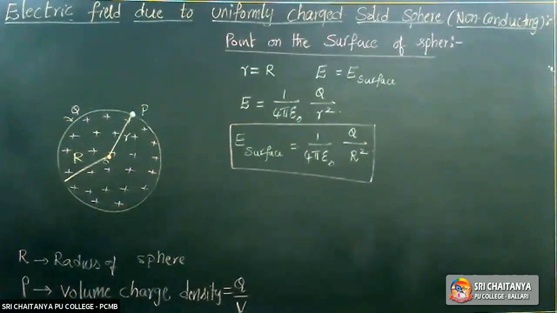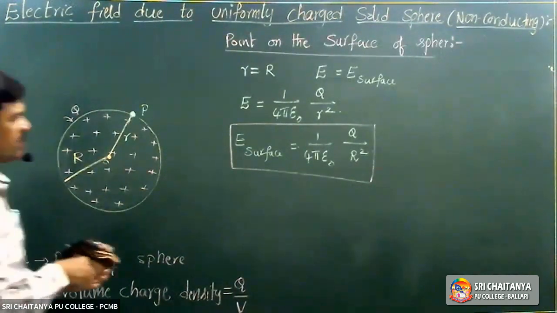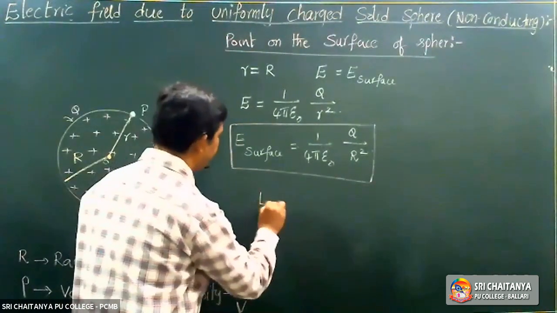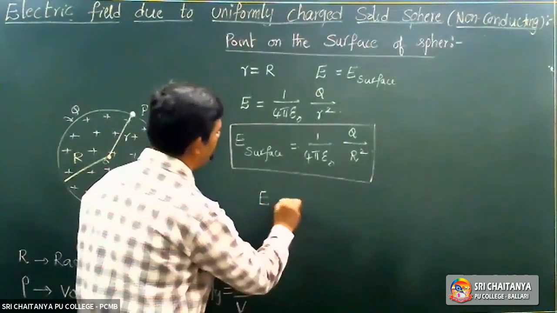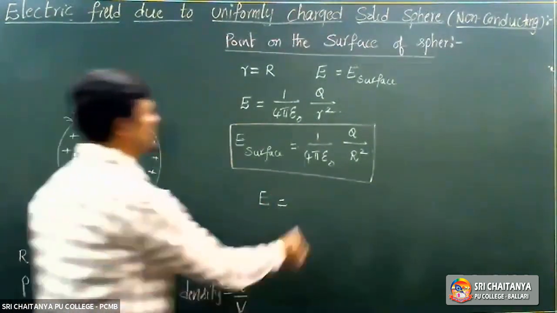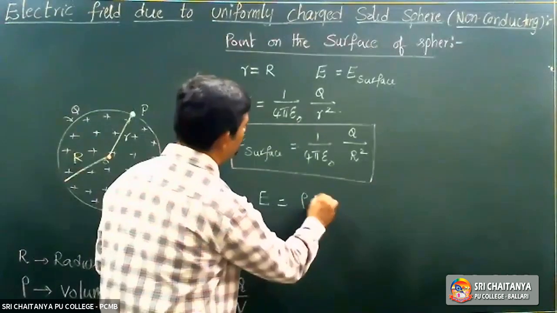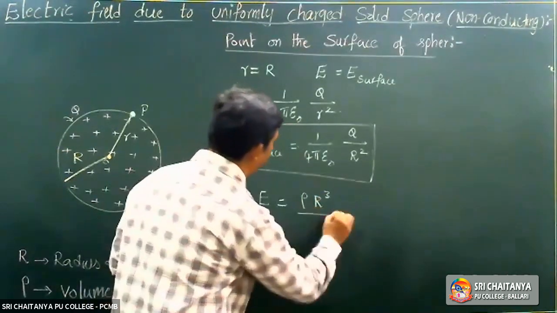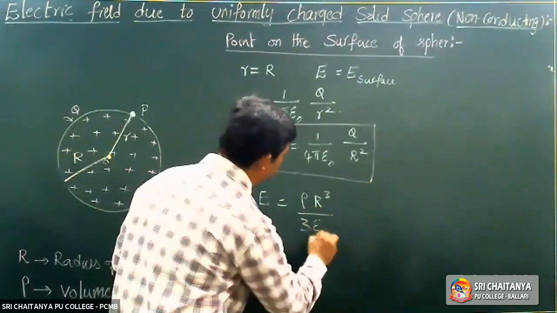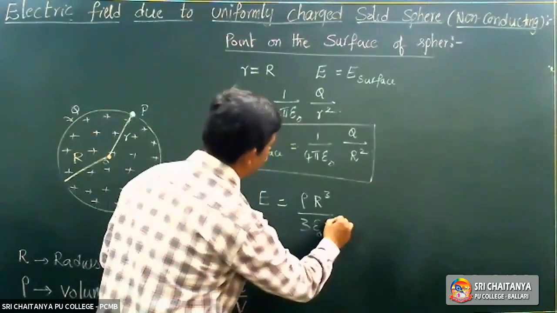Right. If E on the surface is asked in terms of volume charge density: at an outside point, we know the field is rho r cube by 3 epsilon naught r square.